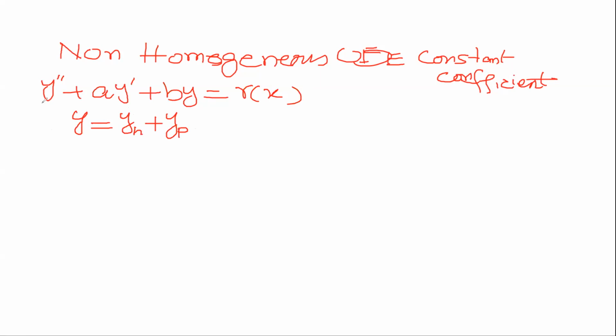The homogeneous solution will be determined by the homogeneous method. For y homogeneous, we consider y double prime plus a y prime plus b y equal to 0, the same equation but with r of x equal to 0.